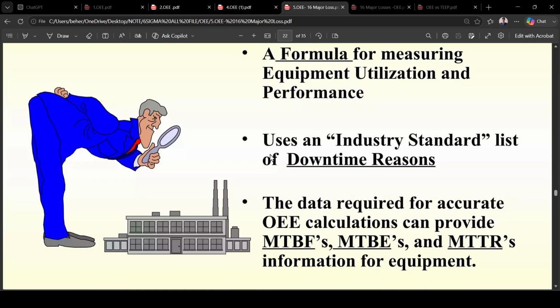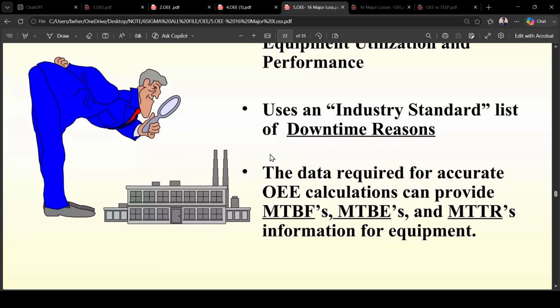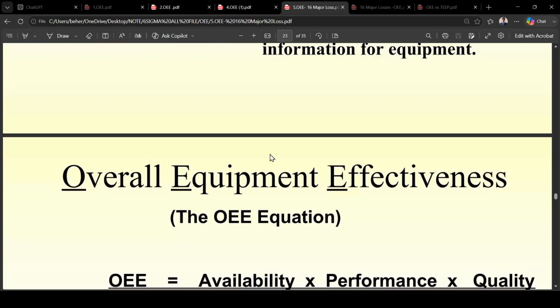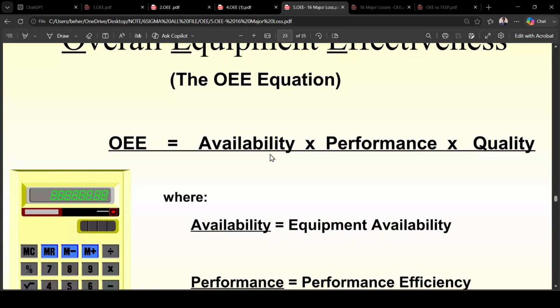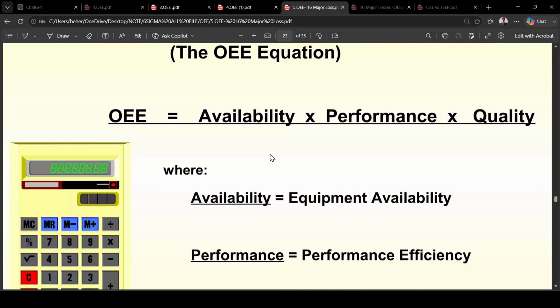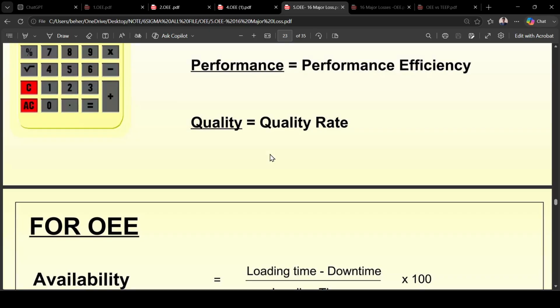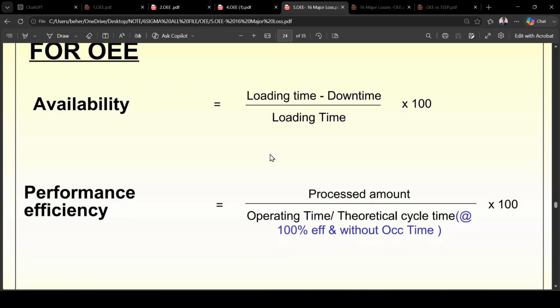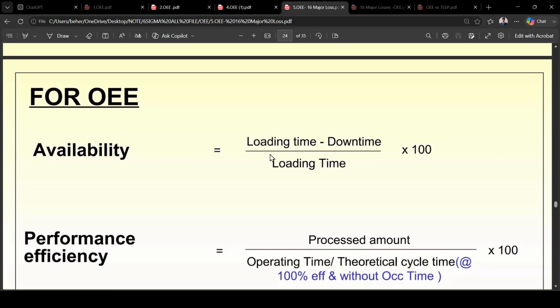It values downtime, the data record, and we will explain that in detail. See, that is how to maintain overall equipment effectiveness, and we will explain equipment availability, performance efficiency, and quality rate. For OEE and how to calculate that formula, she will explain it one by one.